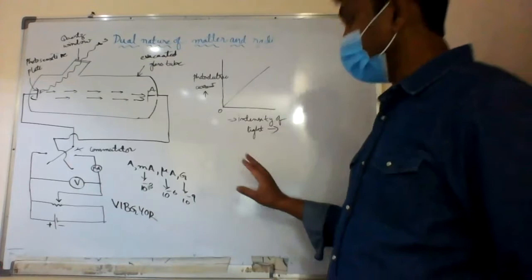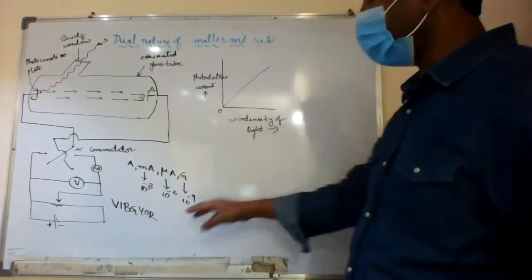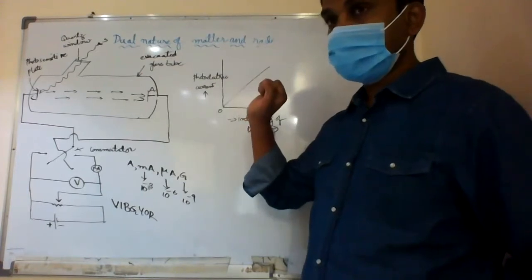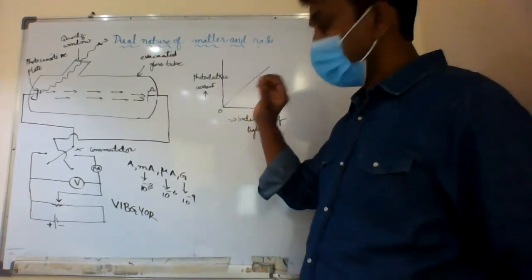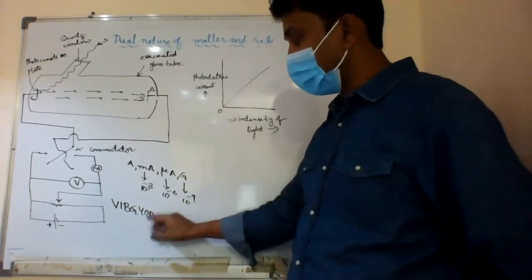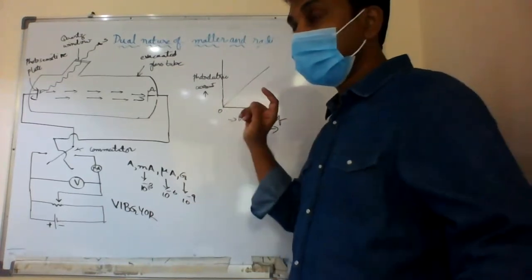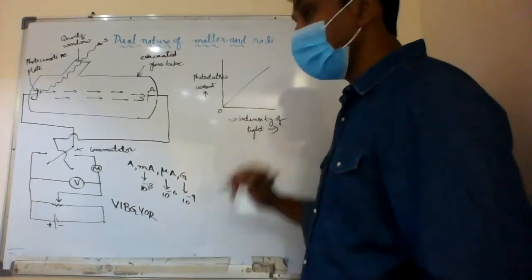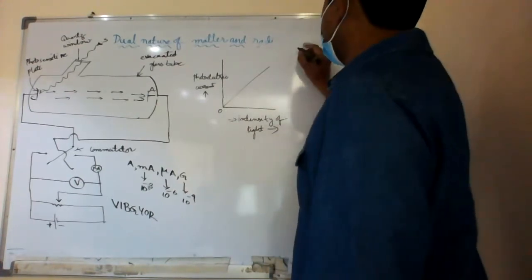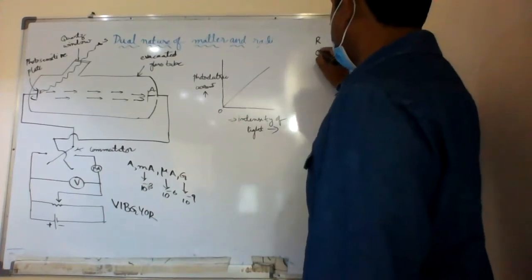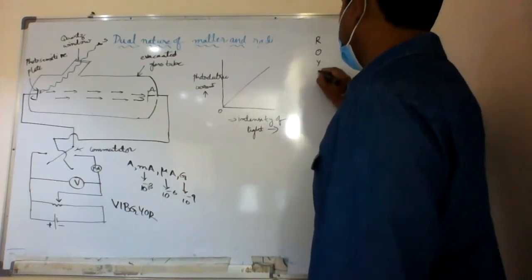Now it doesn't mean that if I just increase the intensity, for red color light, very few electrons are ejected out. No, maybe there is a particular curve for which electrons start coming out. It is dependent on the frequency, not on the intensity. Suppose I am starting with red, then orange, then yellow, and then green.